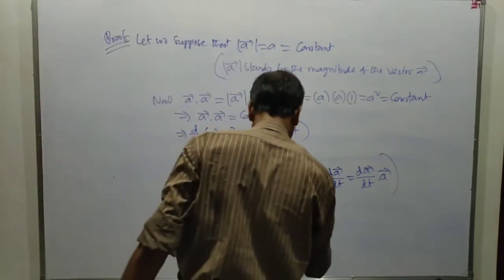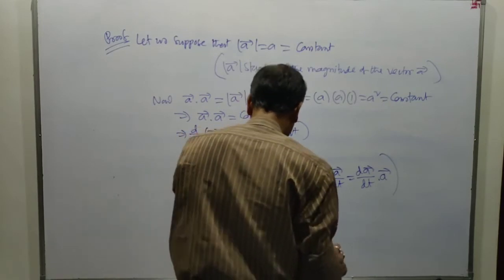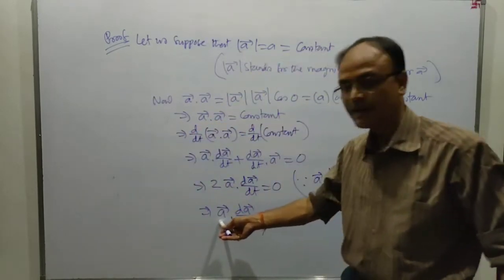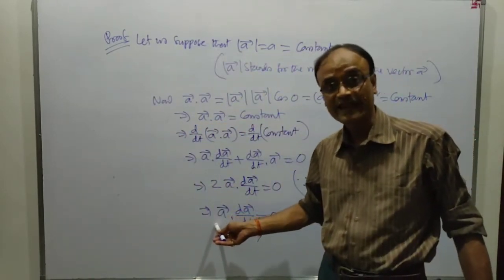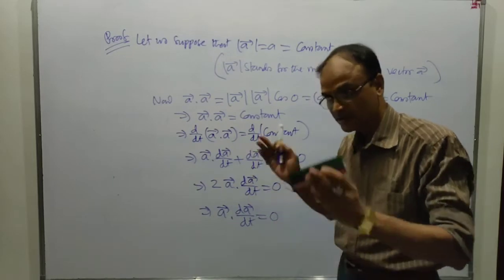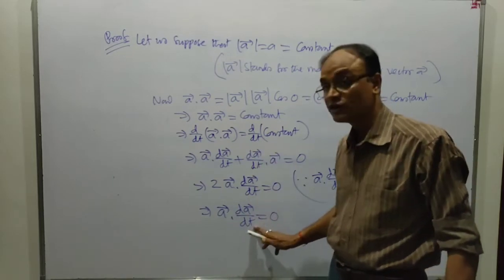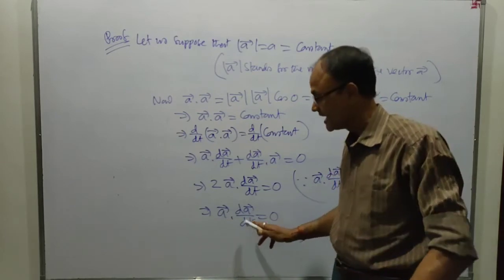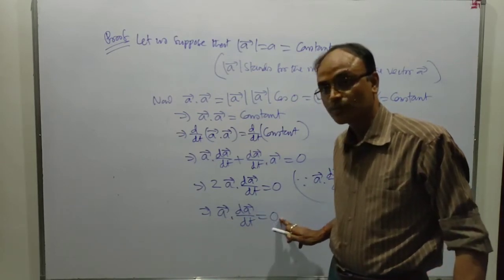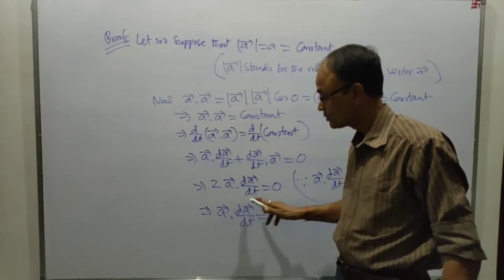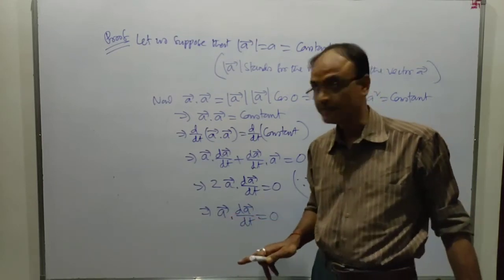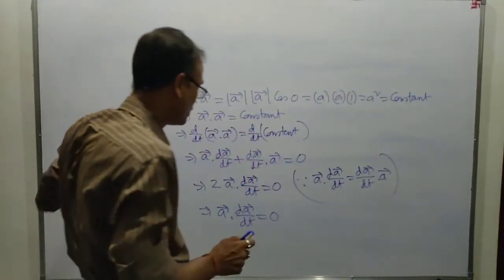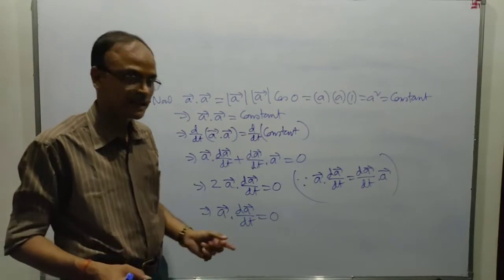What does it mean? Either A vector is equal to 0 but it is of constant length, or dA vector by dt, the magnitude of this vector, is equal to 0. And the third possibility is that since the dot product is 0, A vector must be perpendicular to dA vector by dt. Three possibilities are there.